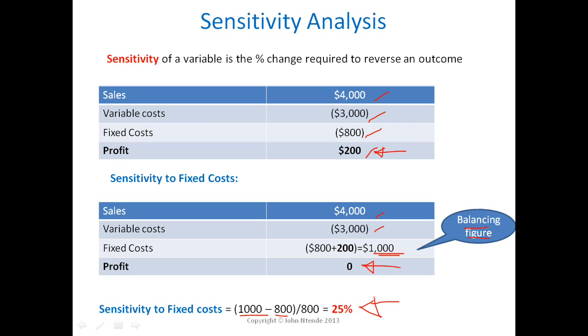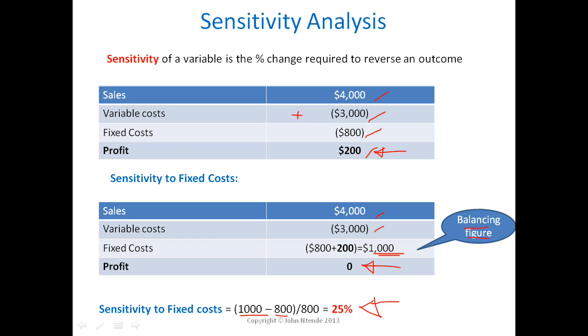So if the variable costs had a sensitivity of 10%, that means that the variable cost would need to increase by 10% before the project makes a loss, whereas the fixed costs would need to increase by a much bigger value of 25% before the project makes a loss.